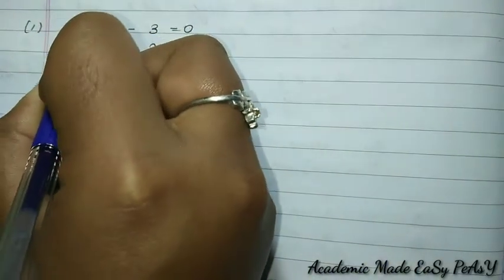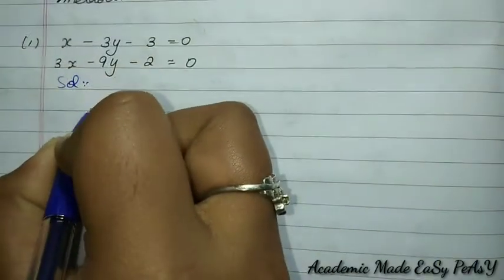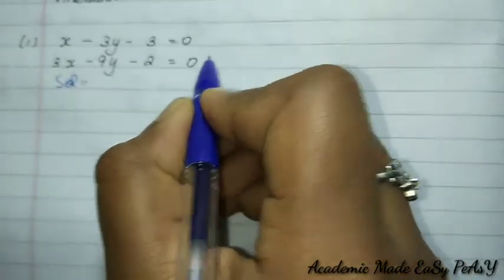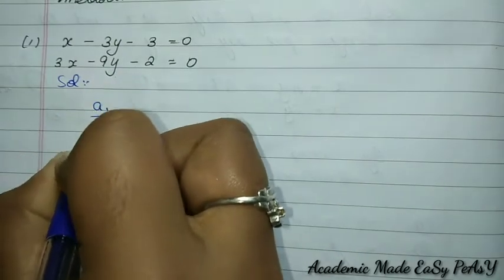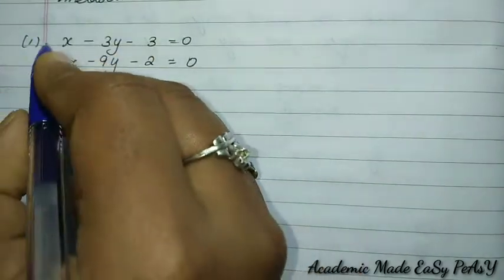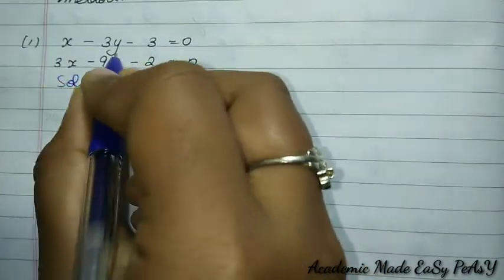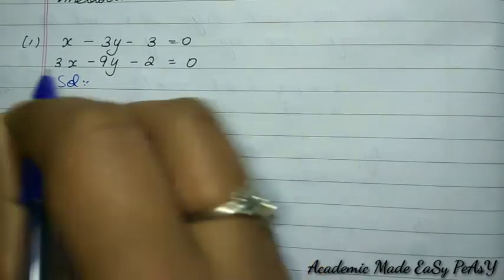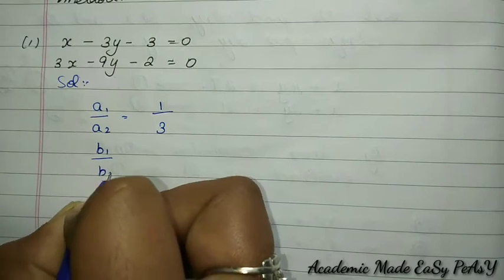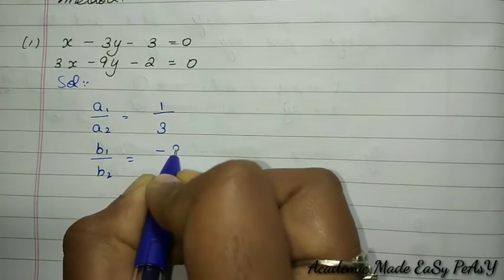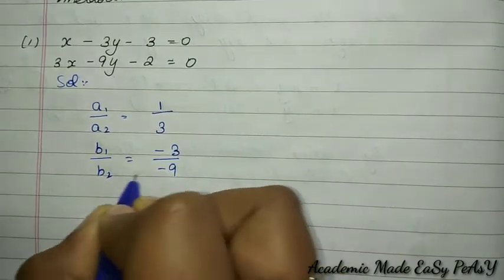So solution. Since this is in the standard form, we can just have it like that itself. So I will just check a1 by a2 first. So a1 is 1 and a2 is 3. So next is b1 by b2 is equal to minus 3 by minus 9.